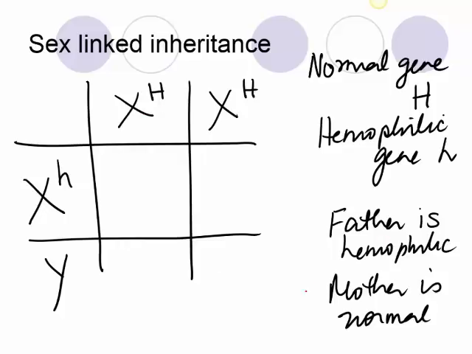So I'm telling you that the mother is normal, so on both her X chromosomes she's carrying the normal gene. The father, on the other hand, is hemophilic, so on his X chromosome he's carrying this gene, and on the Y he has nothing, because the Y doesn't carry the allele for it. So let's see the possibilities. This would be X and X, like this.